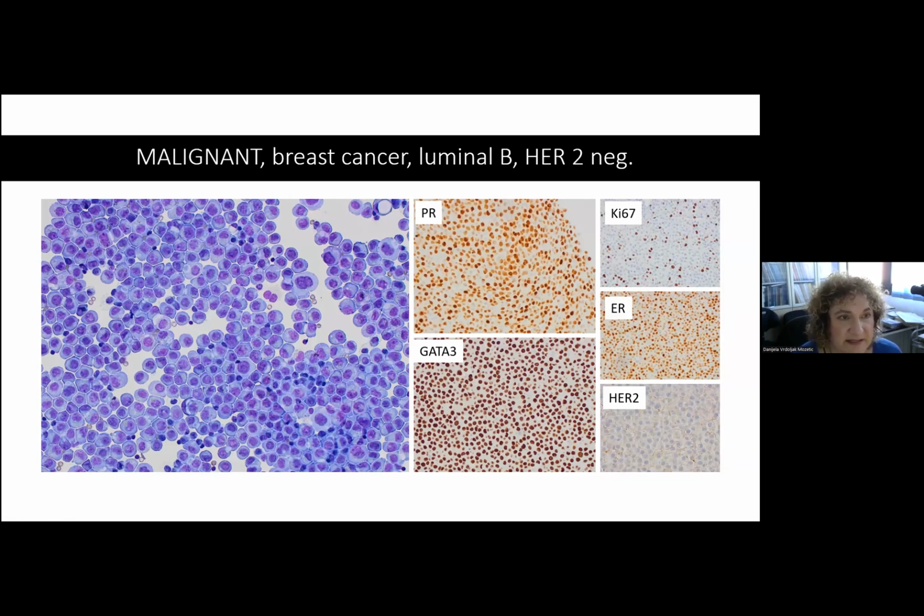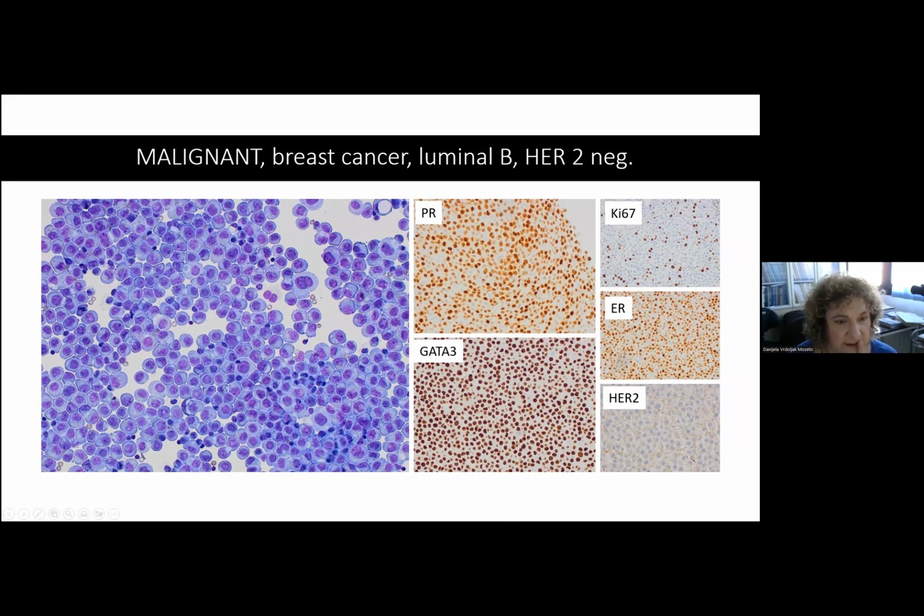Occasionally we have metastatic breast cancer, and usually it is highly cellular, like in this example. The cells are single, or in some kind of sheets, and on cell blocks you can do all the differential diagnosis, like proving that it is of breast origin, and also all other markers that you need to type the tumor: progesterone, estrogen, Ki67, and HER2.